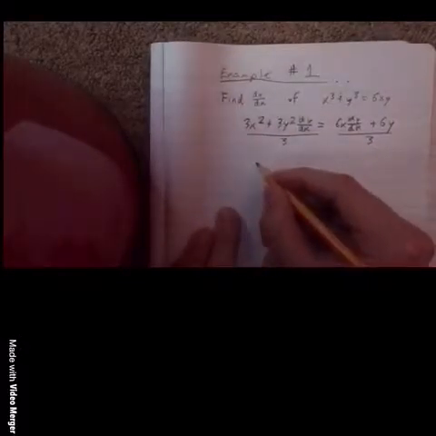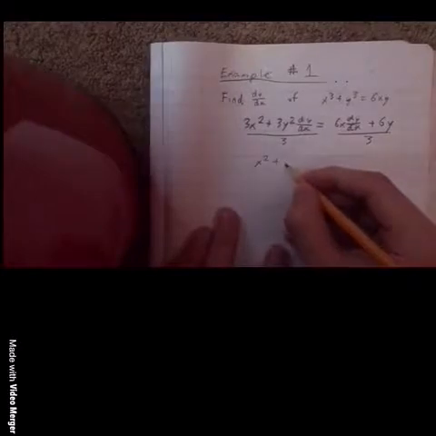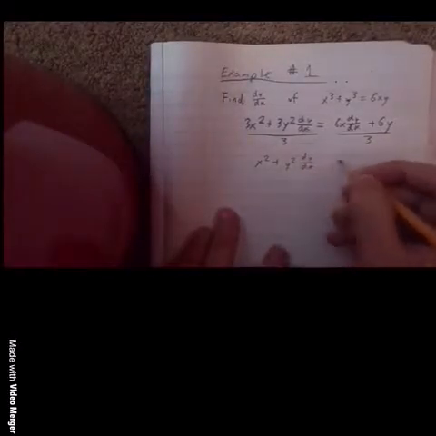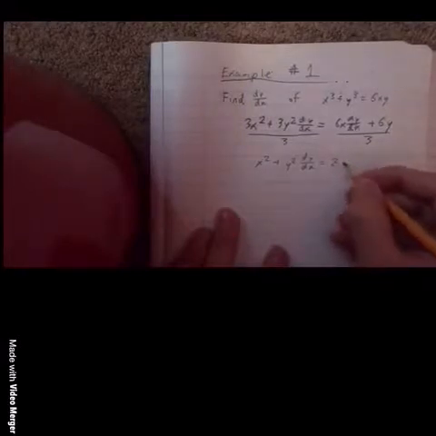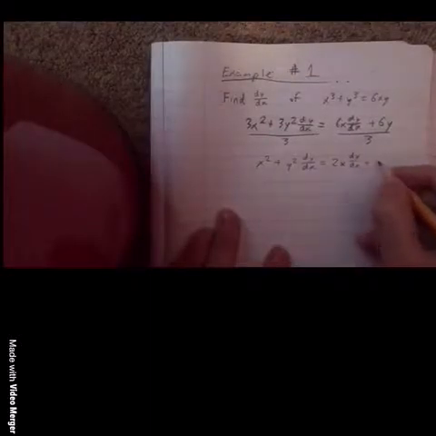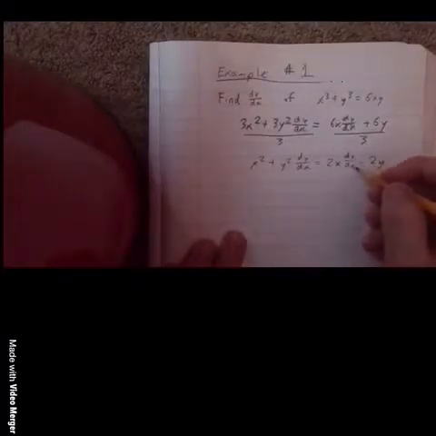That is going to get us x squared plus y squared dy over dx is equal to 2x dy over dx plus 2y.